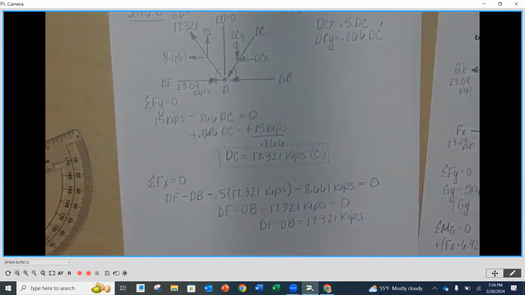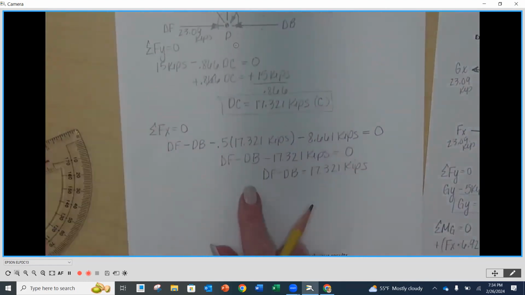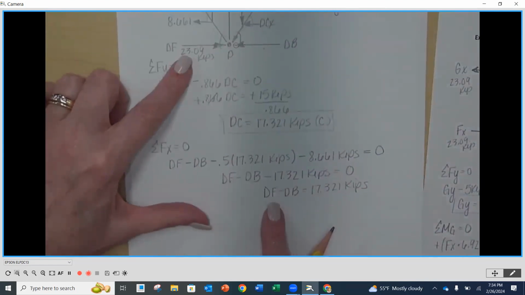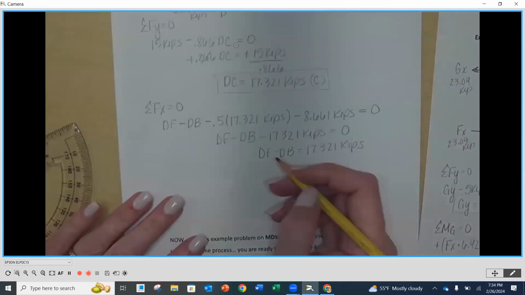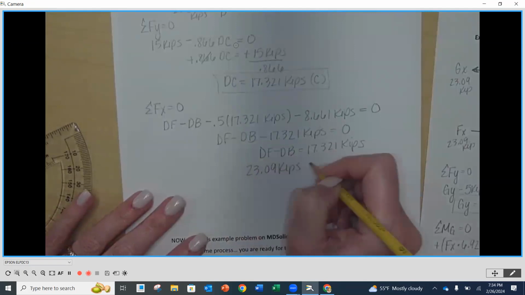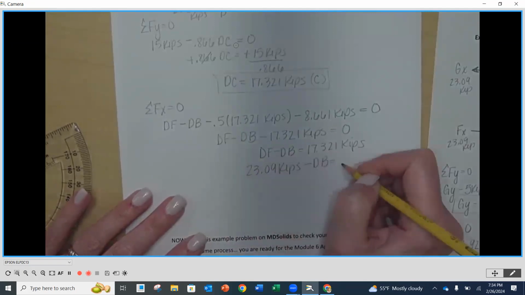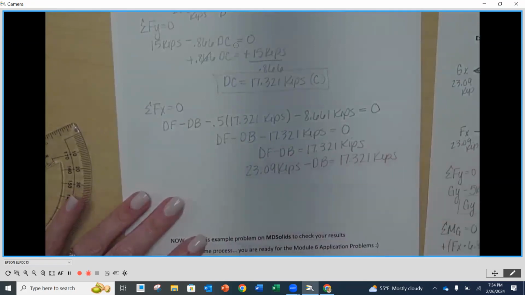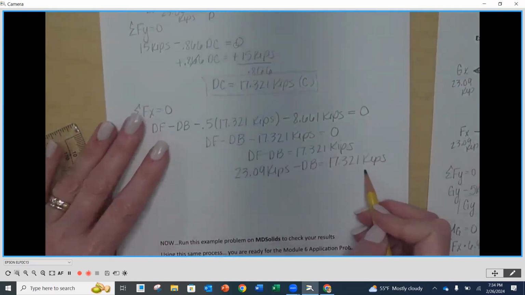So we don't have to change any signs down here. So now all we have to do is substitute the value of 23.09 kips in for DF. So this is going to be 23.09 kips minus DB is equal to 17.321 kips. Now I'm going to put this to the other side.